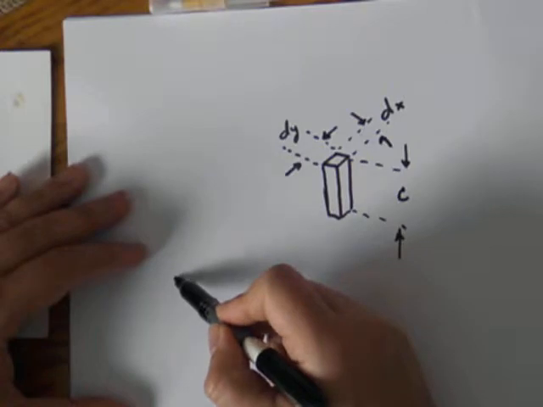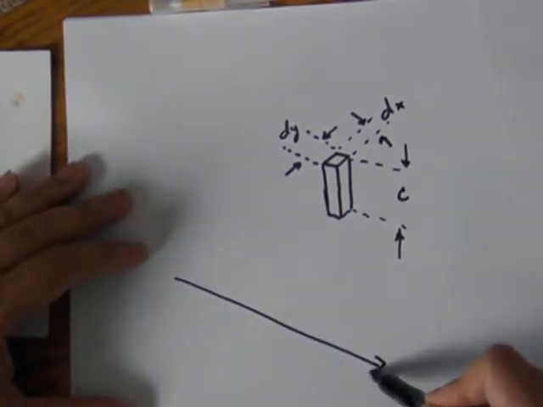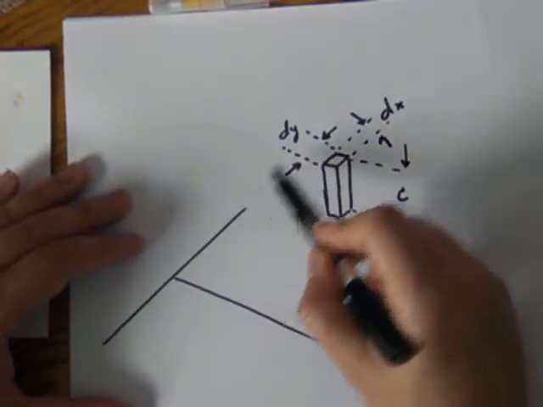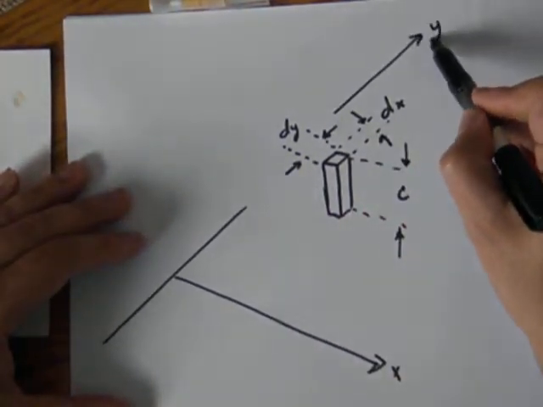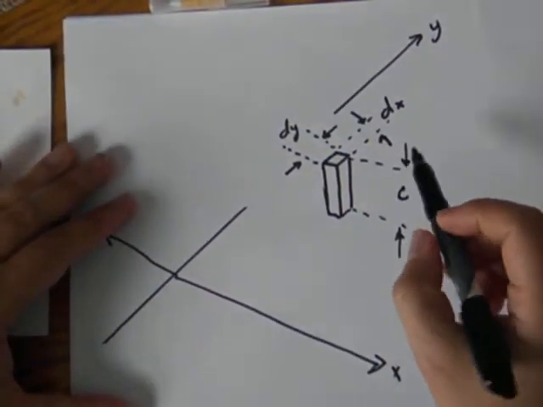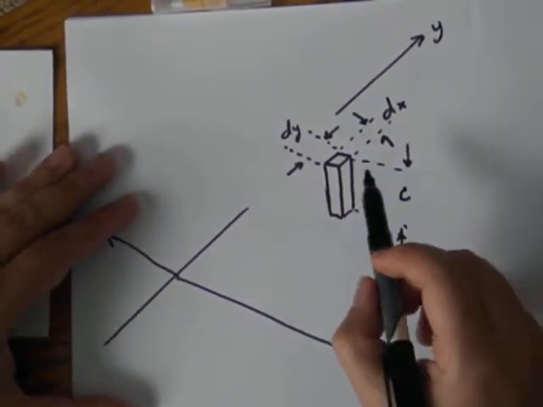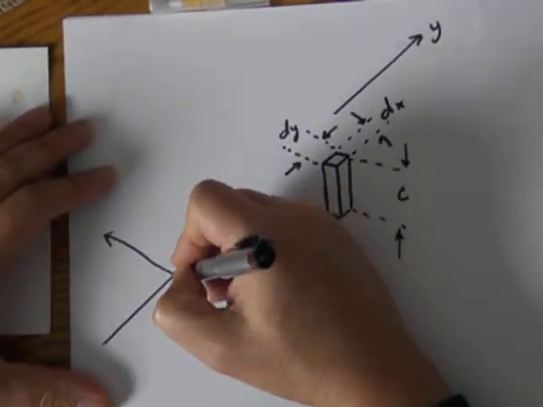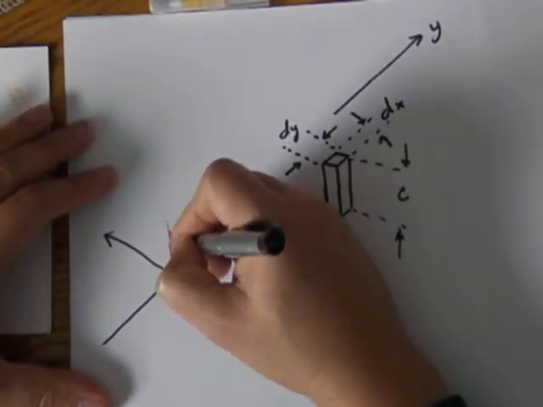And so here's our x-axis over here, and our y-axis is through here. And so now we've got to figure out the distance to the axis of rotation. Remember, this is our axis of rotation right here.